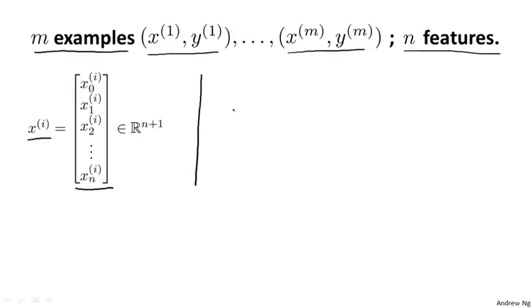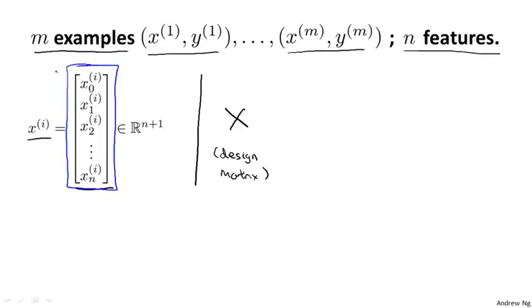The way I'm going to construct the matrix X, also called the design matrix, is as follows. Each training example gives me a feature vector like this, an n plus 1 dimensional vector. I'm going to construct a matrix like this.